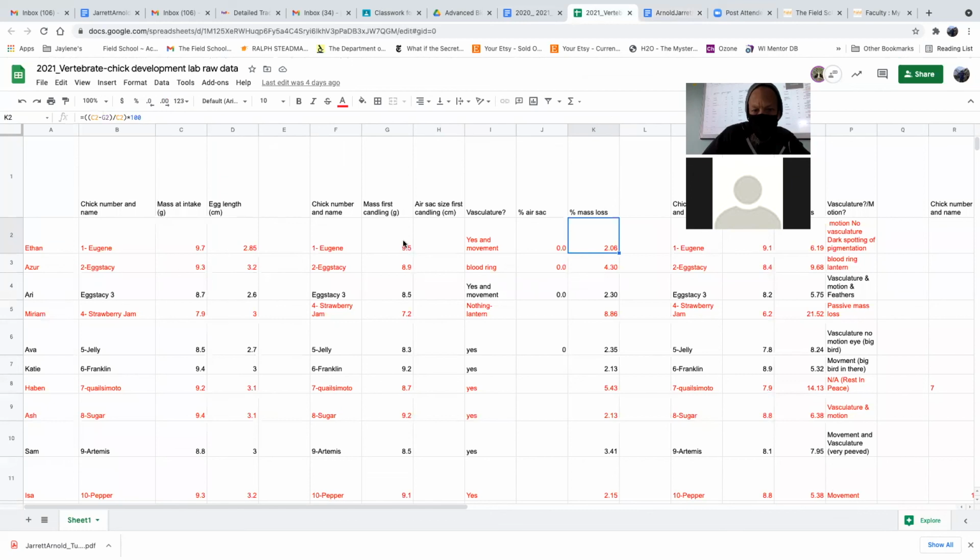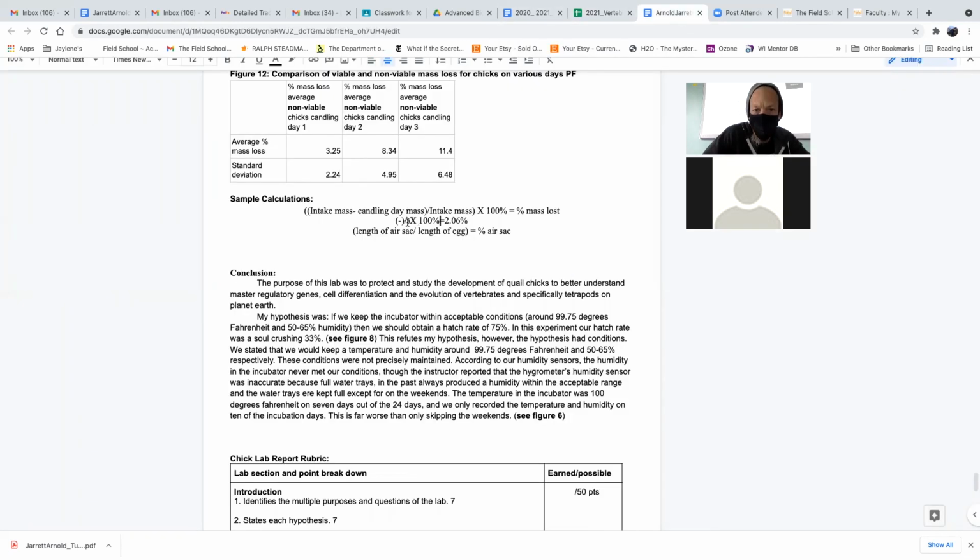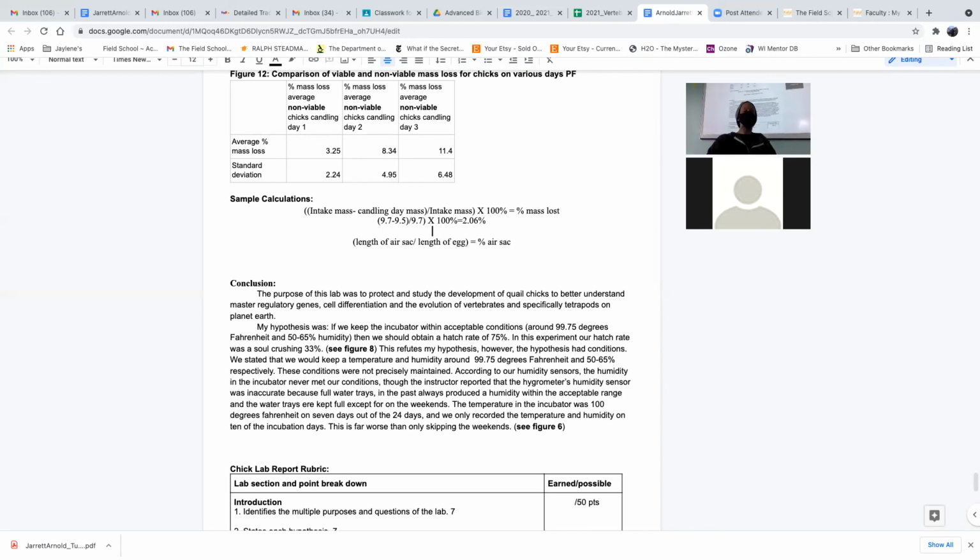Mass first candling, 9.5, intake was 9.7. Those are my numbers. So 9.7 minus 9.5 divided by 9.7 times 100% equals 2.06. Woohoo. That's how you do a sample calculation.